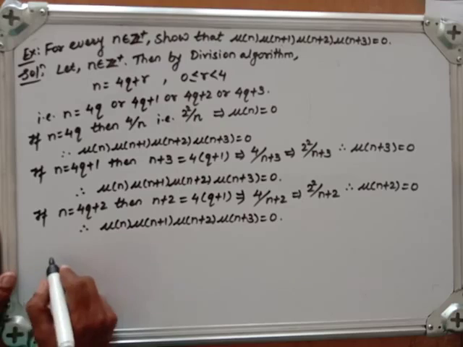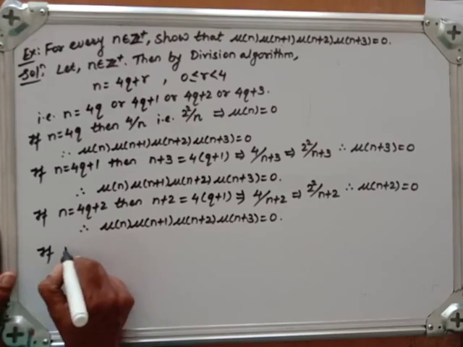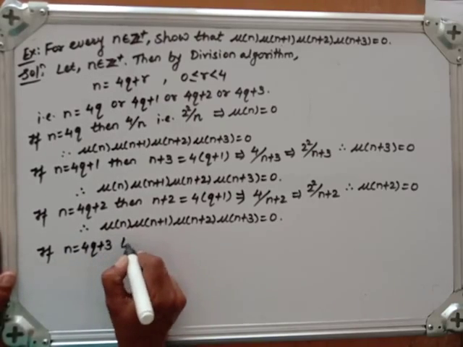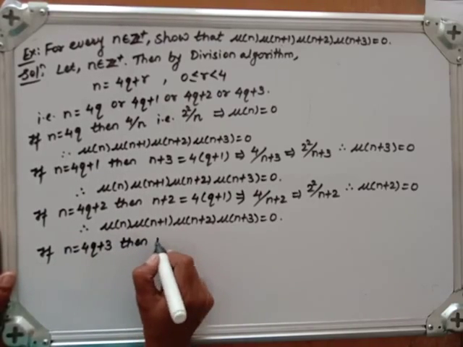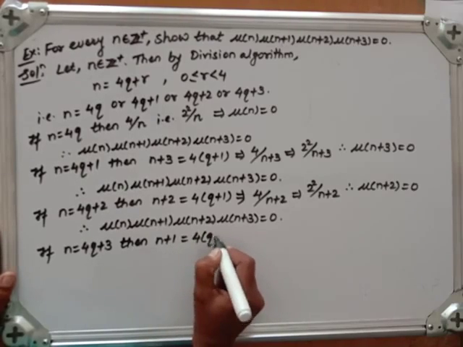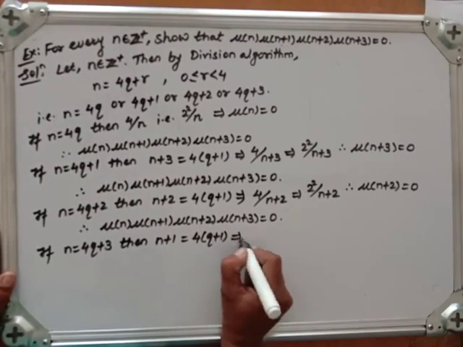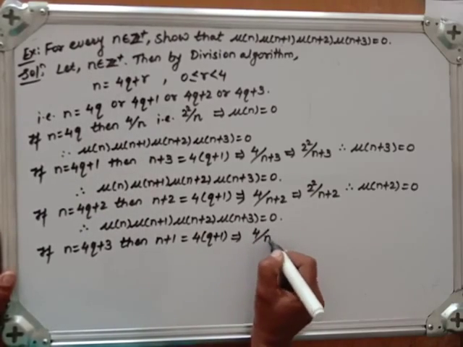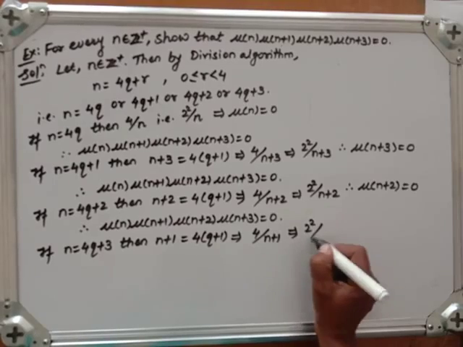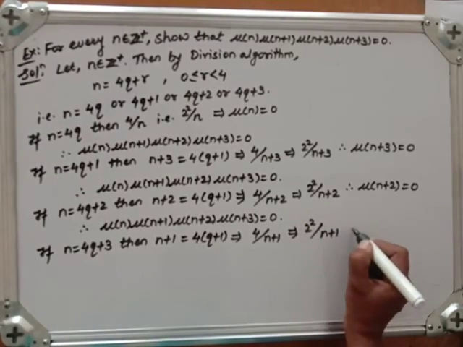Next, if n is equal to 4q plus 3, then n plus 1 is equal to 4 into q plus 1. So that will be 4 divides n plus 1. So that is 2 square divides n plus 1.